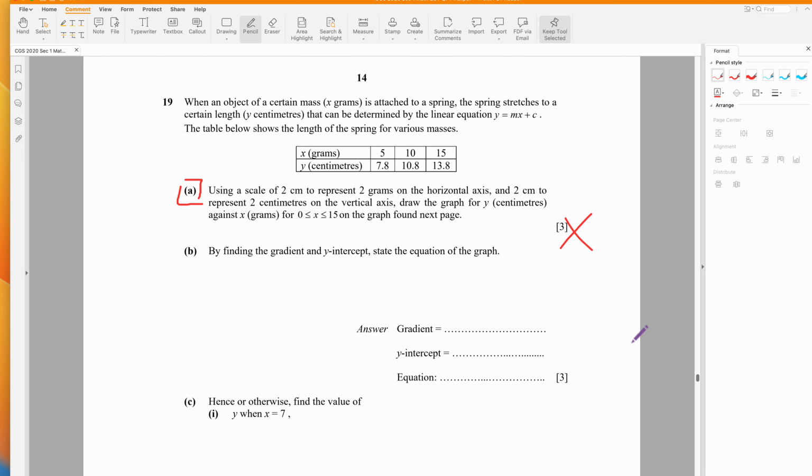Maybe 4 squares is 0.8. One square is 0.2. So it means 4 squares is 0.8.